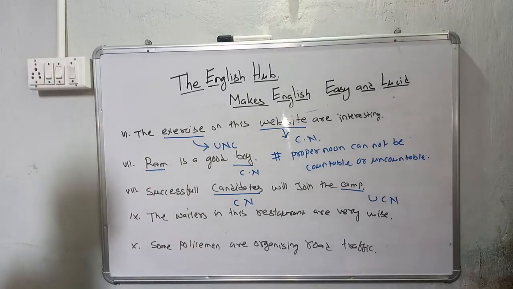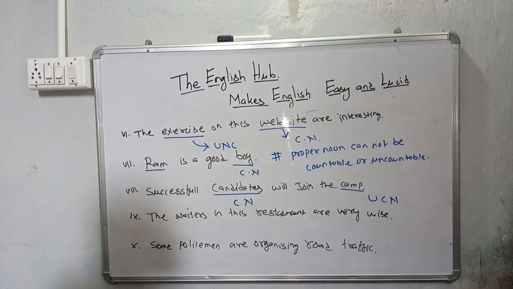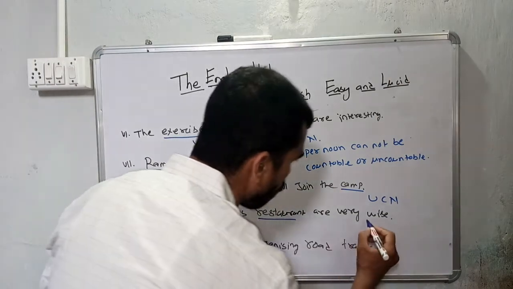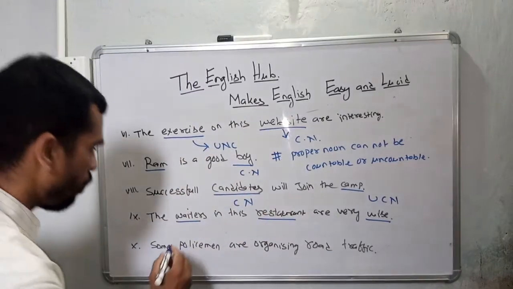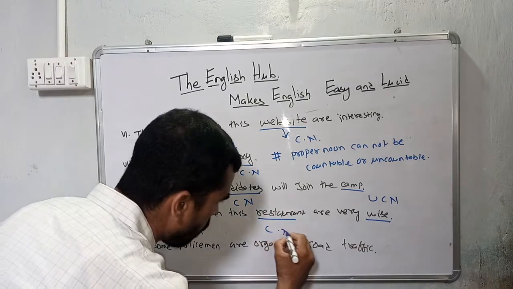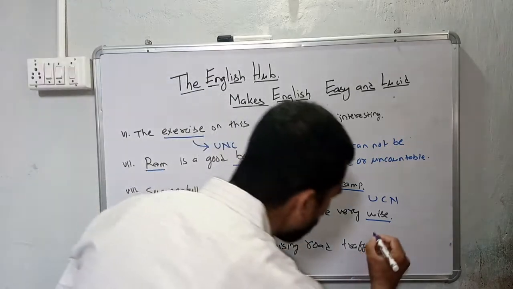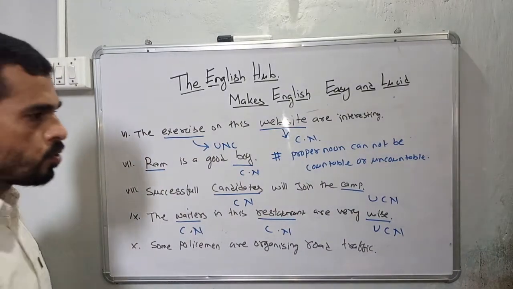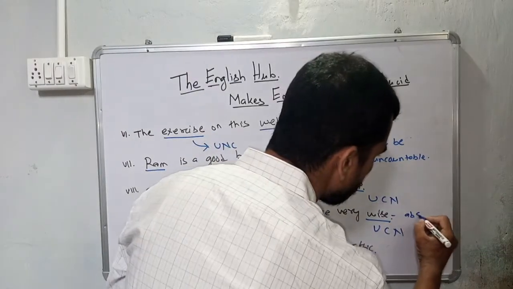The waiters in this restaurant are very wise. How many nouns are there? 3 nouns. Waiters, restaurant, wise. Waiter is countable noun. Restaurant is countable noun. And wise is uncountable noun, because wise is abstract noun.